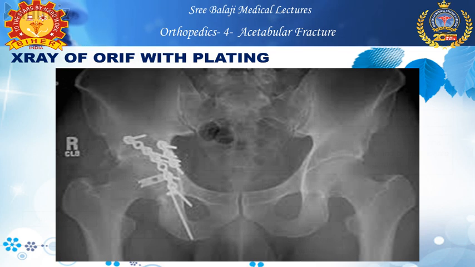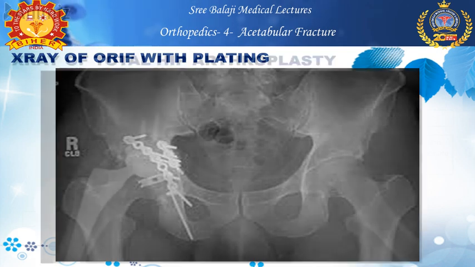X-rays of ORIF with plating: this is an X-ray pelvis, anteroposterior view. You can see a plate along the iliopectineal line and one more plate along the ilioischial line, so they have fixed both the anterior column and the posterior column.